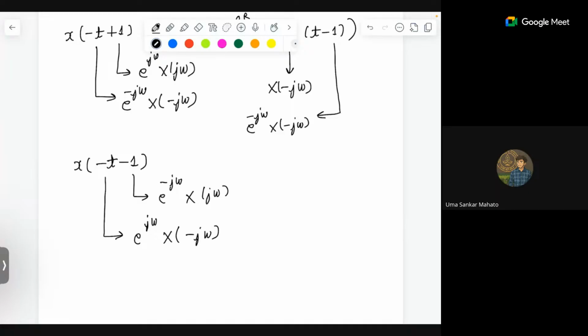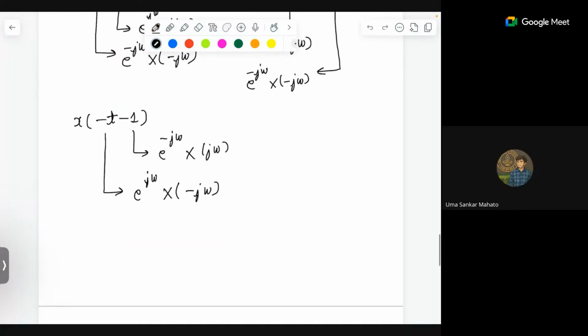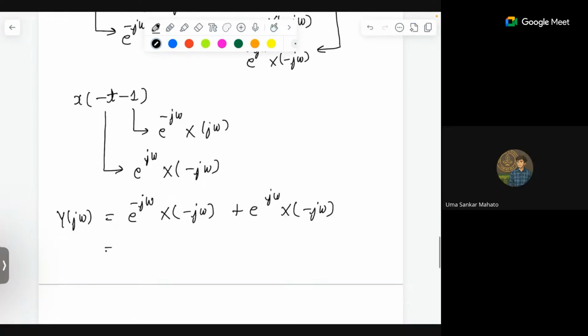Now I will add these two because they were added in the signal. So y of j omega is equal to e raised to the power of minus j omega into x of minus j omega plus e raised to the power of j omega x of minus j omega. I take e raised to the power of minus j omega common, so I get this.